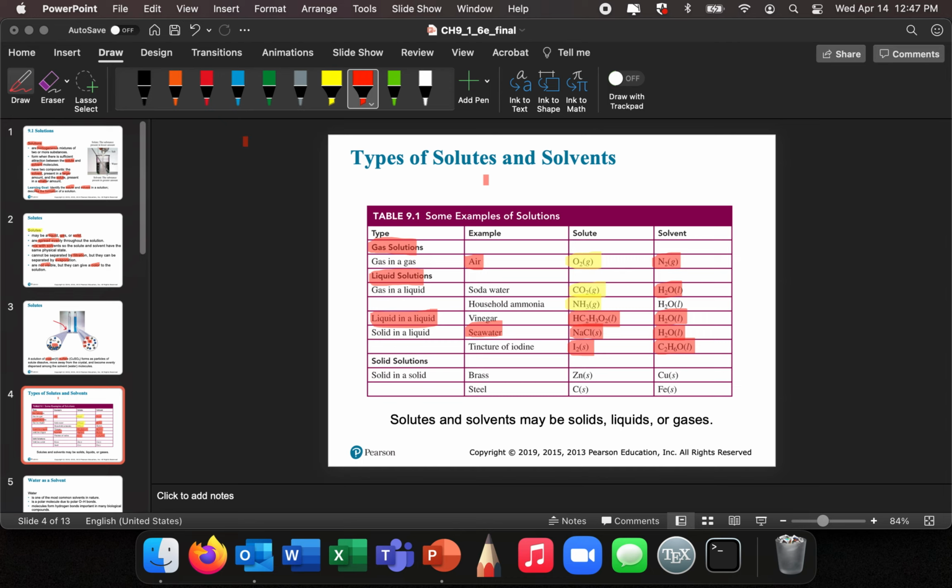You can also have solid-solid solutions. This is a little difficult to imagine, but brass, for example, is a solid-solid solution where you have zinc dissolved in copper, or steel, which is carbon dissolved in iron. All right, so there are some examples of solutions.